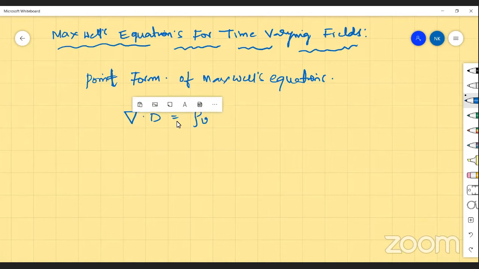Everything is a function of time, and automatically it will become a function of time. You know rho suffix v is the volume charge density. D bar is electric flux density. So this is the first Maxwell's equation.